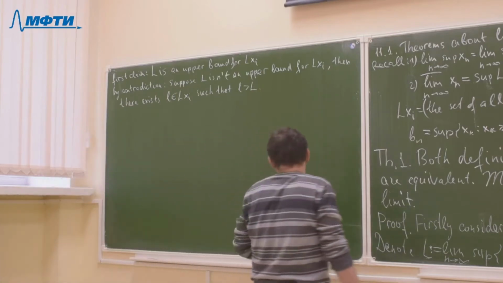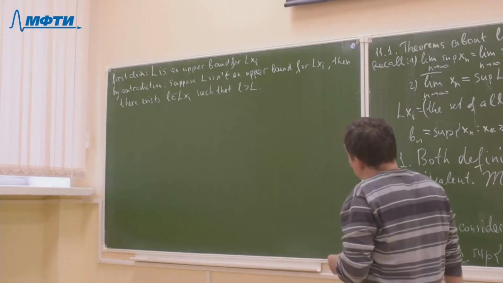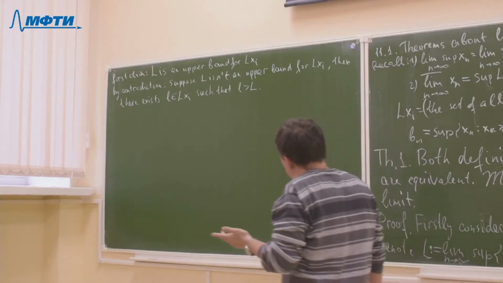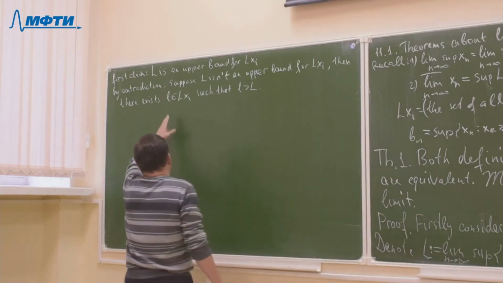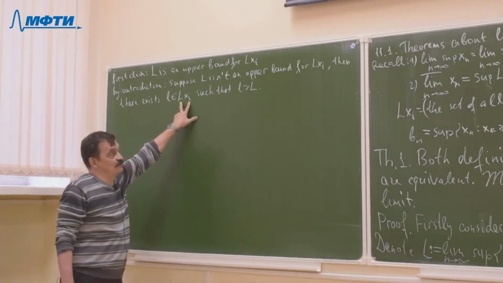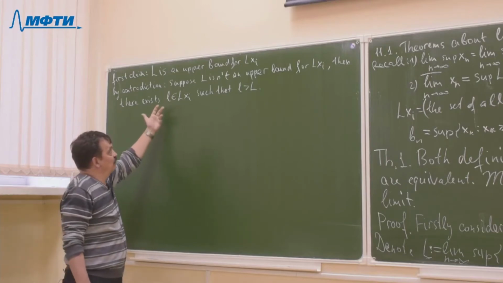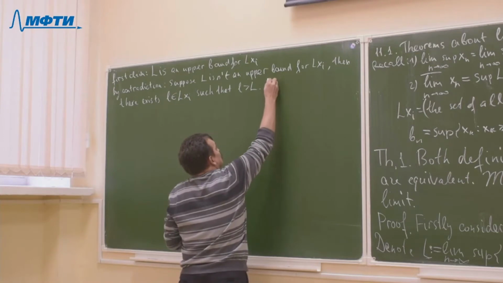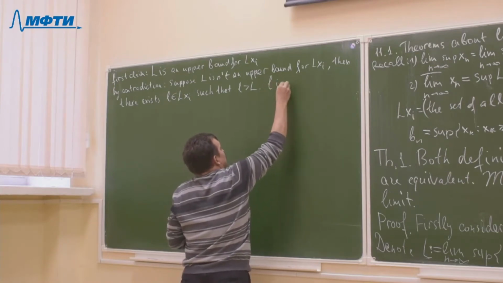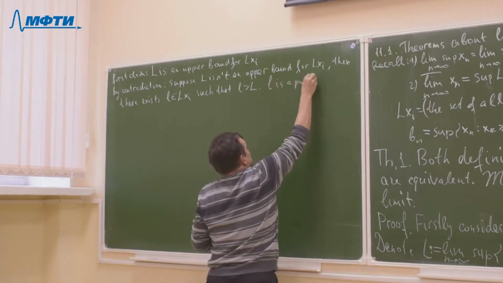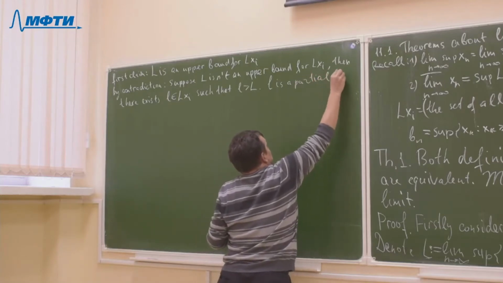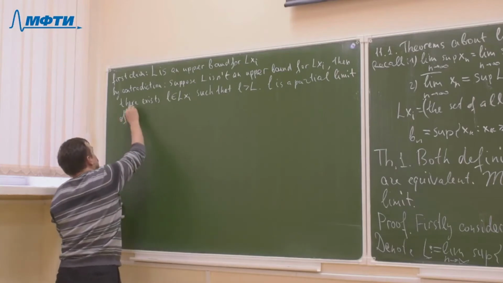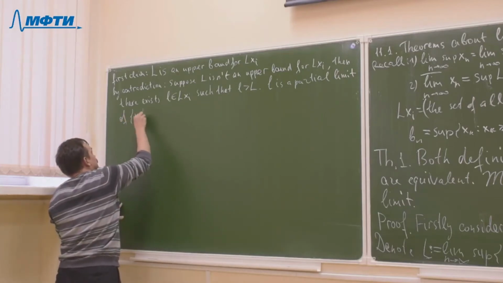So what does it mean that l belongs to the set of partial limits? l is a partial limit of our sequence.